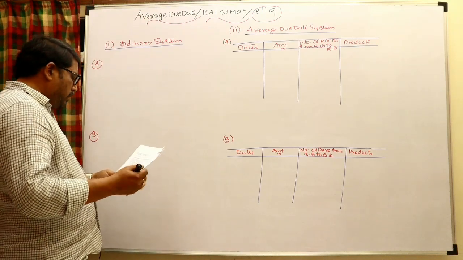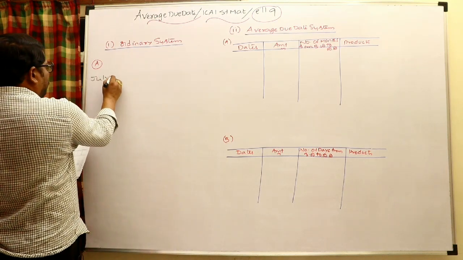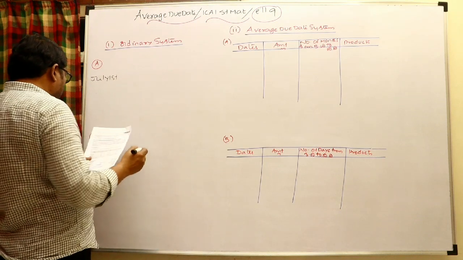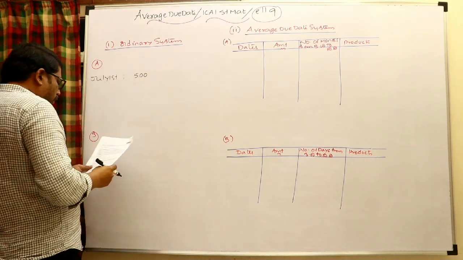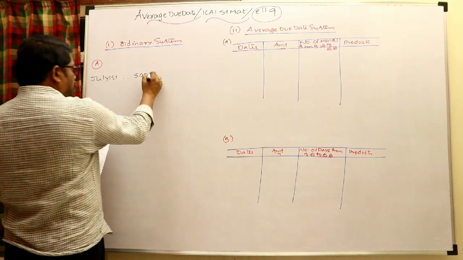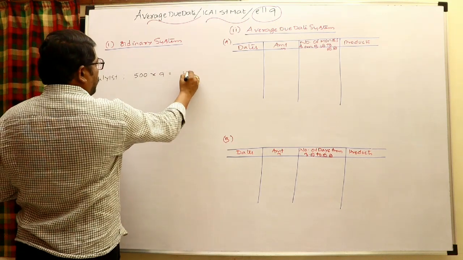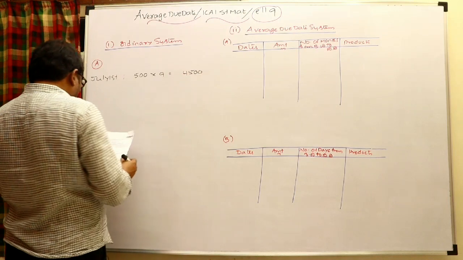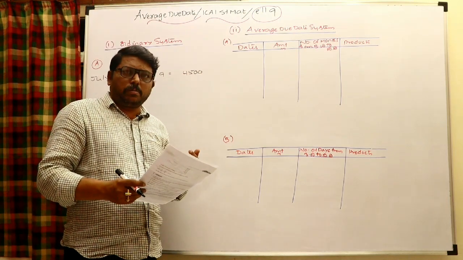Amount withdrawn on July 1st is 500 rupees. From July 1st to March 31st is 9 months, so multiply by 9; the product is 4,500. Because you are able to calculate months clearly, you can multiply with months.